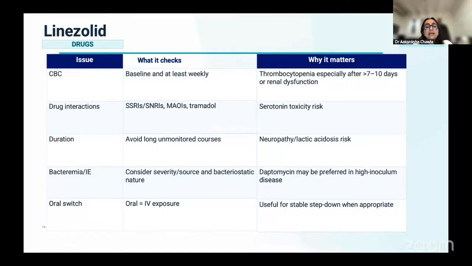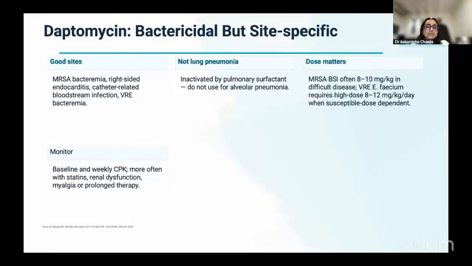And it is a bacteriostatic drug, so you have to consider the severity and the source of infection before actually choosing it as a drug of choice. In high inoculum deep-seated infections, you might consider daptomycin instead of linezolid. And because the oral bioavailability of this drug is equally good, you can switch to oral when you're stepping down your patient from IV treatment.